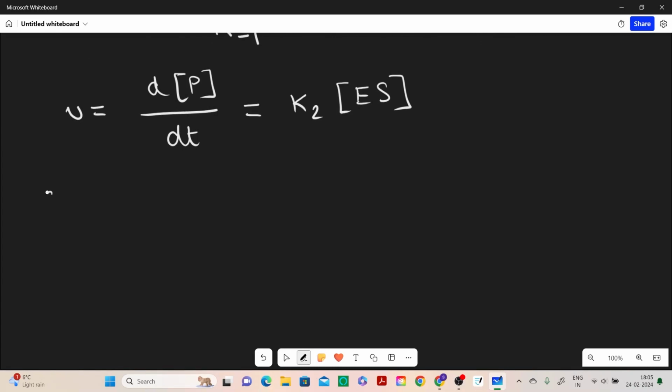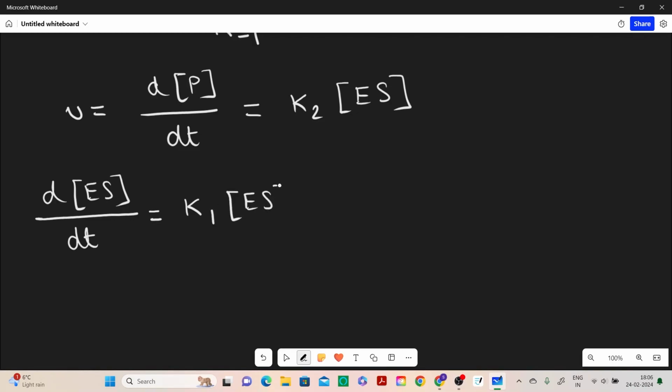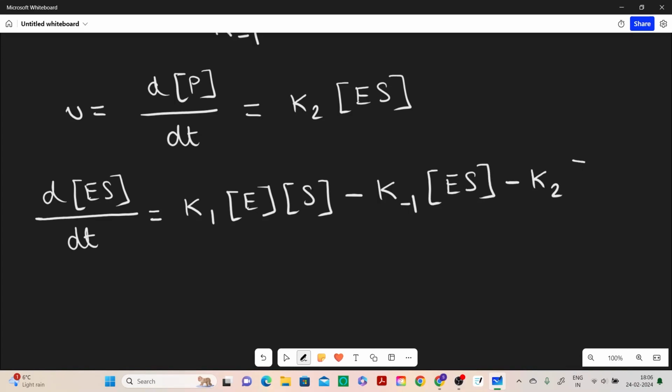We can write down the rate of change in the concentration of enzyme-substrate complex over time as the rate of formation of the complex, minus the rate of dissociation of the complex to form the substrate, minus the rate of dissociation of the complex to form the product.